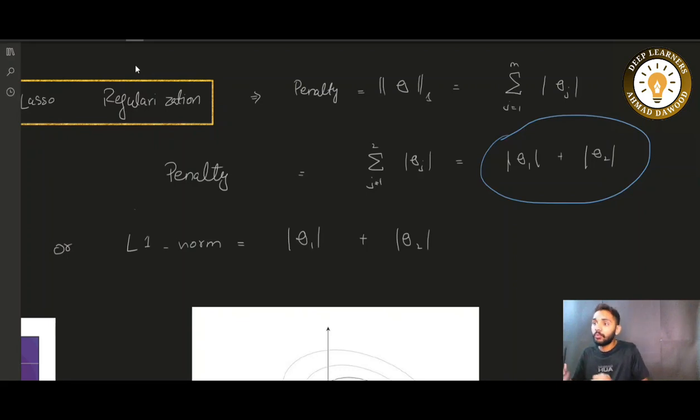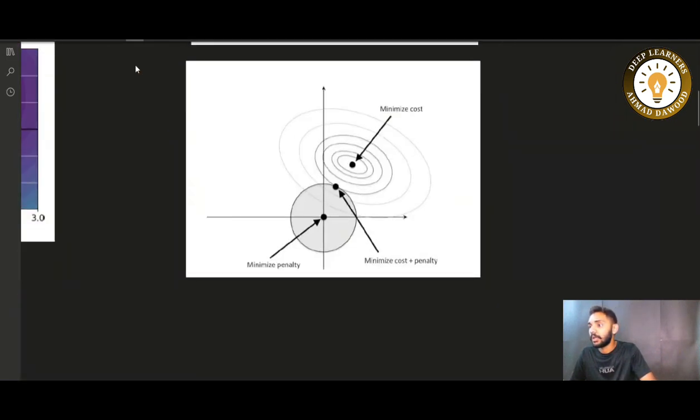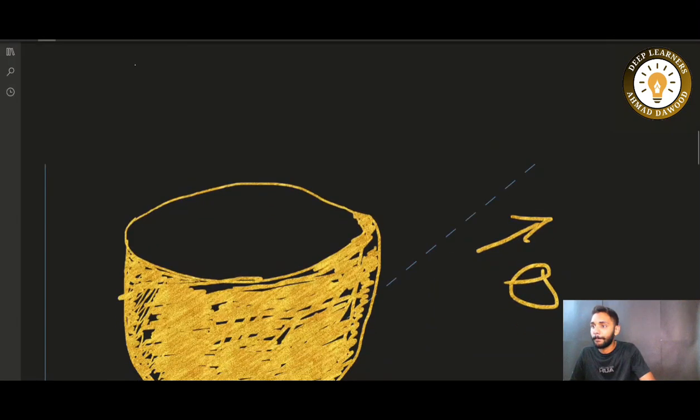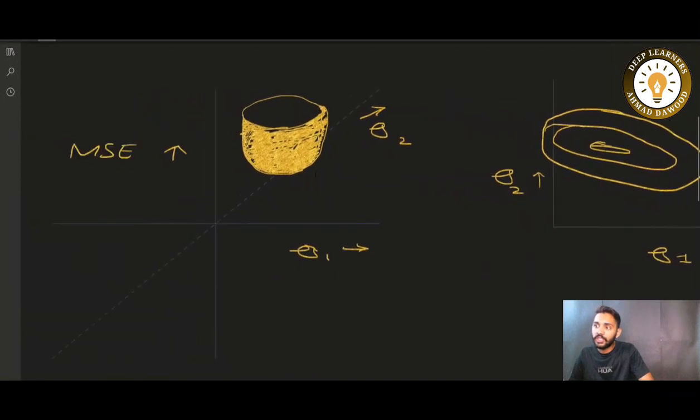Now we will try to visualize this, and see how lasso regularization can avoid overfitting and what impact it has on the error function that we previously had. Here we usually have this type of error function.